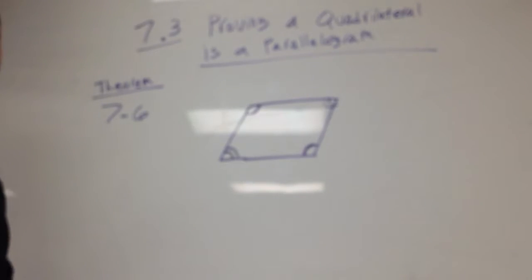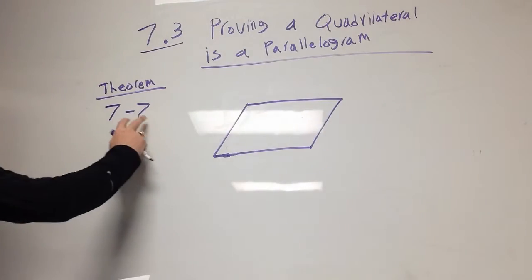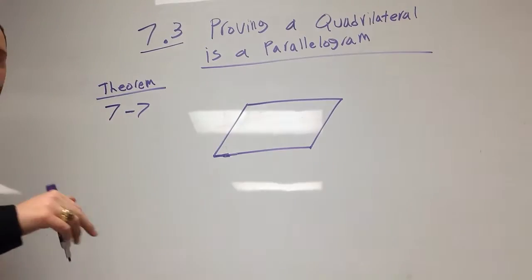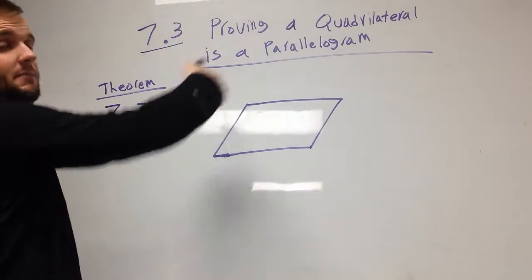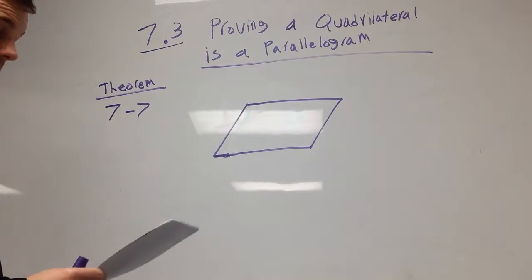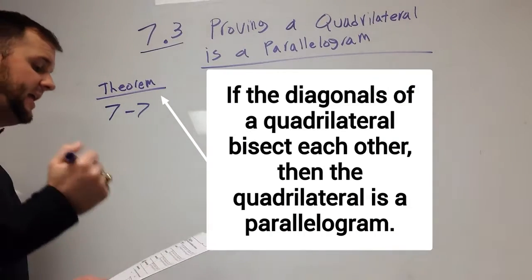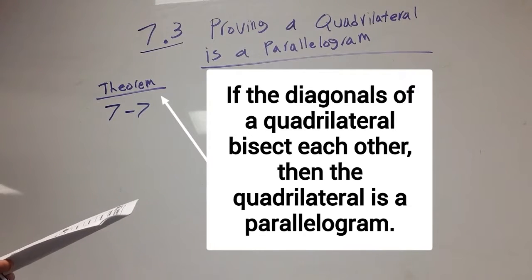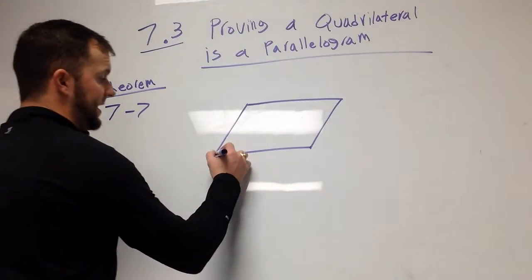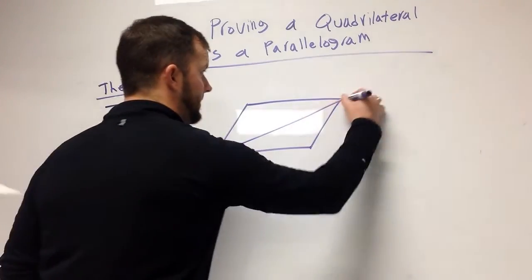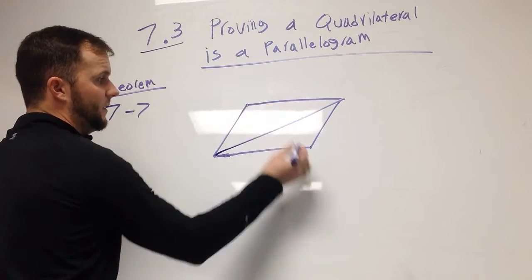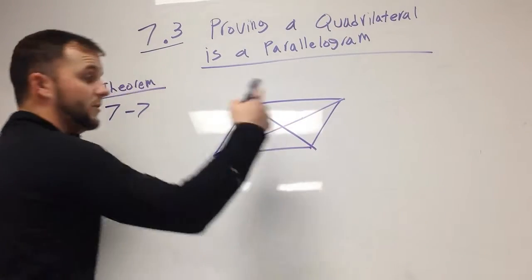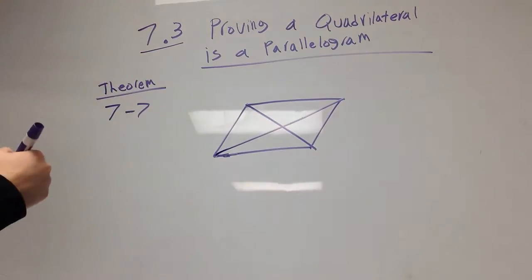The next one is theorem 7-7, which is doing the same thing here, and I'm going to go ahead and read it to you. 7-7 states, if the diagonals of a quadrilateral bisect each other, then the quadrilateral is a parallelogram. That means if I take a line and connect it from here to here, and take another line and connect it from here to here, those are going to cross each other.